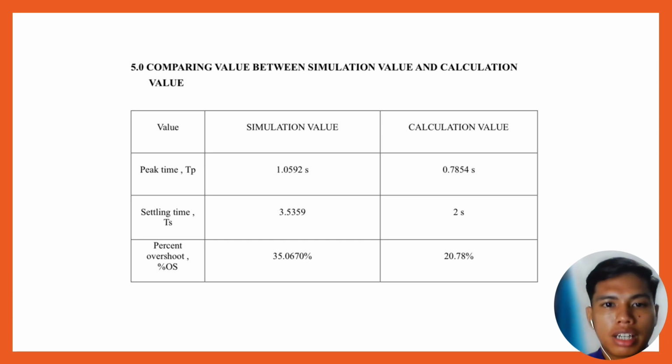For settling time, the simulation value we get is 3.5359, and for the calculation value we get 2 seconds. For the percent overshoot, the simulation gives 35.067%, and the calculation value is 20.78%. That's all. Thank you.